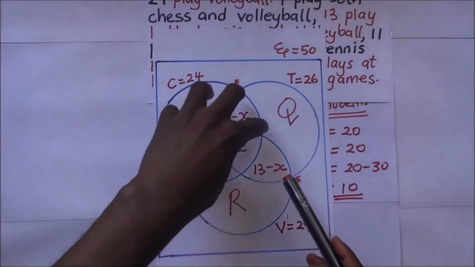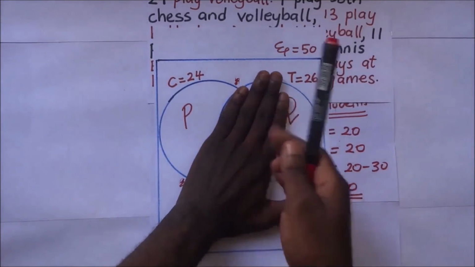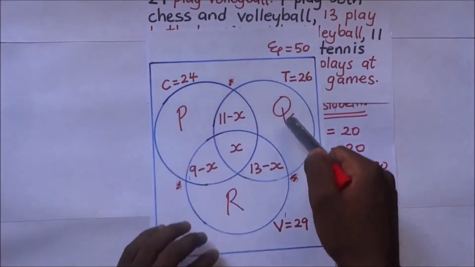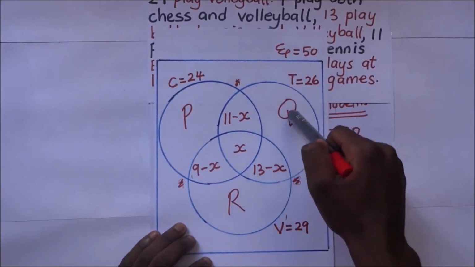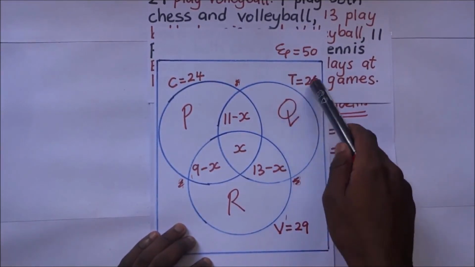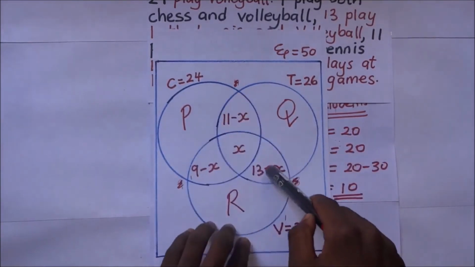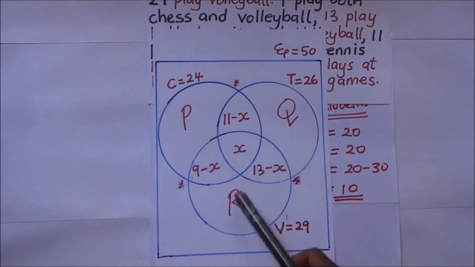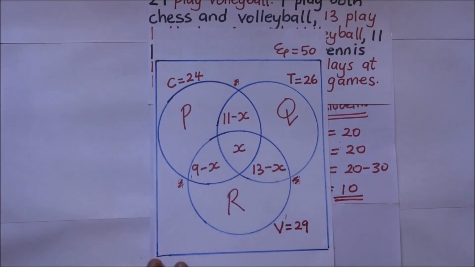So we are supposed to get the total, which is 24, minus these people who are playing tennis and volleyball, so that we only remain with P. Likewise, for us to get this value of Q, the number of people who play tennis only, you're supposed to get the 26, the entire circle, minus those ones, to get Q. It's the same thing with R. So let's compute the equivalent of P, Q, and R.